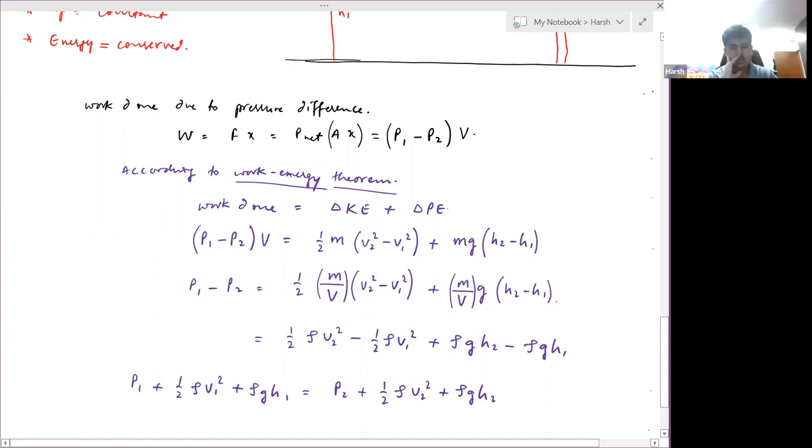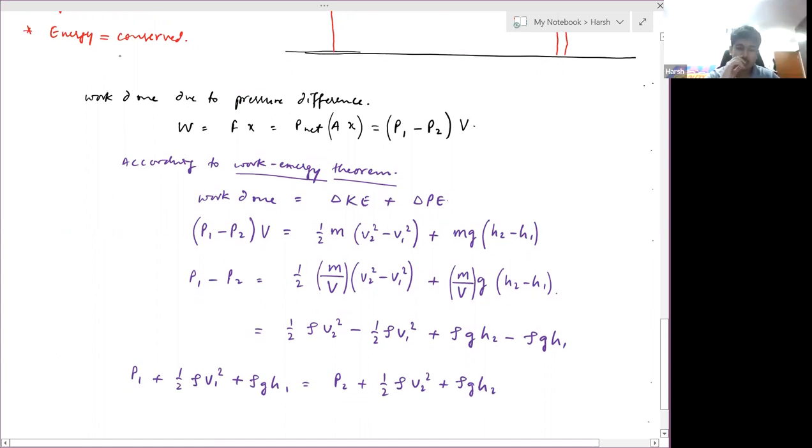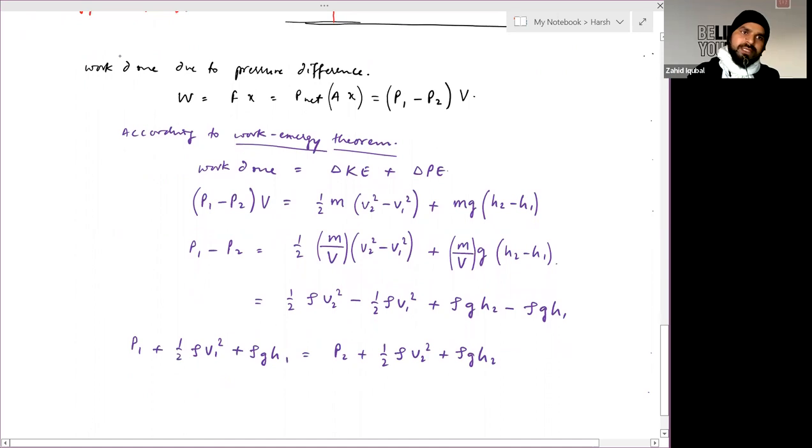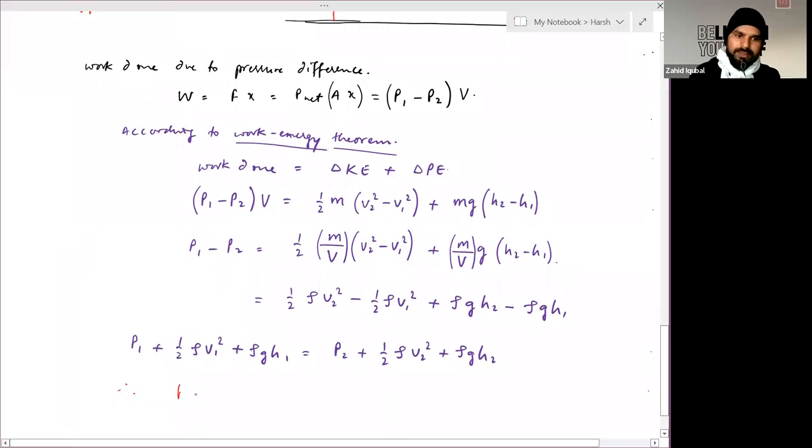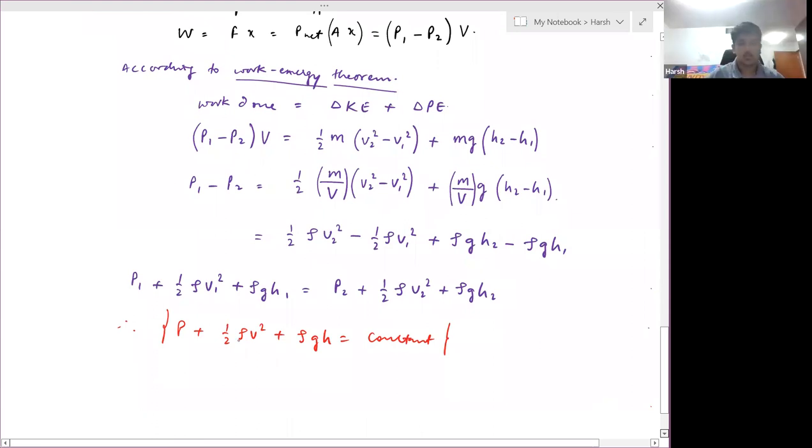So we have the same quantity on both sides, only the subscripts differ. Therefore, P plus half rho V square plus rho g H at any instant for the flow of this particular liquid is constant. Is it clear? Yes, sir.